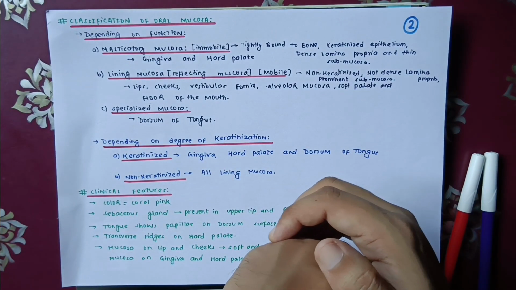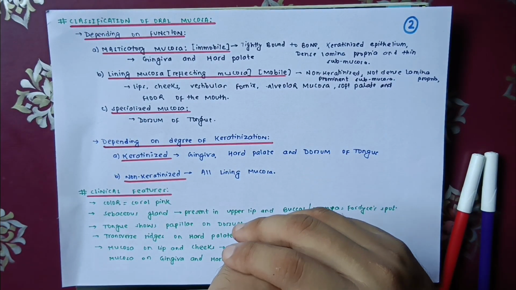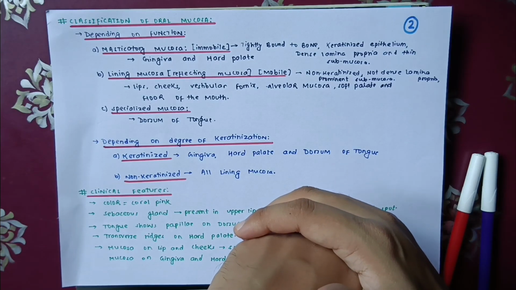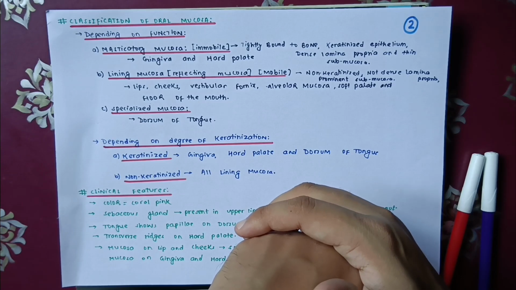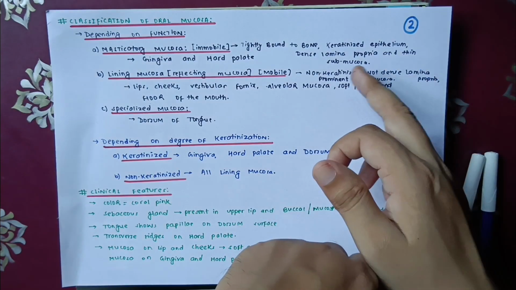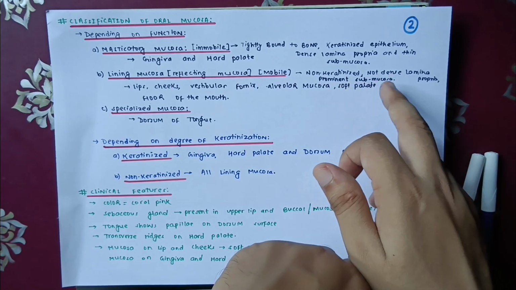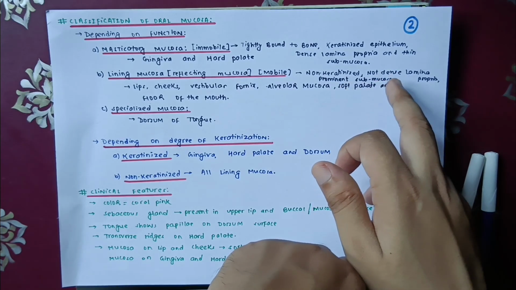The lining mucosa, also called reflecting mucosa, is mobile, loosely bound to the bone, with non-keratinized epithelium and no dense lamina propria. The thin submucosa is in the masticatory mucosa, but we have prominent submucosa in the lining mucosa.